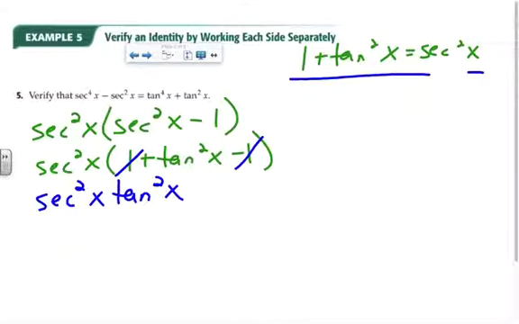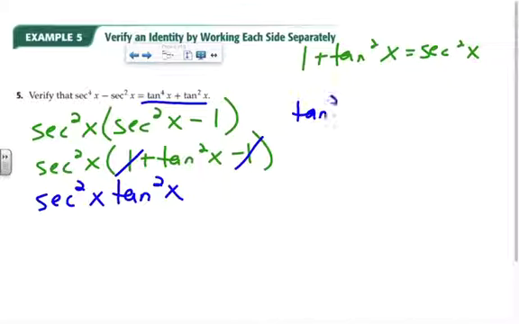Some of you might get to this point and kind of be at an impasse for how am I going to get this left-hand side to equal this. So we pause the left-hand side and we work the right-hand side. So I look at this right side of the equation and I realize I can do the exact same thing that I did on the left-hand side. I can factor out a tangent squared of x in this instance.